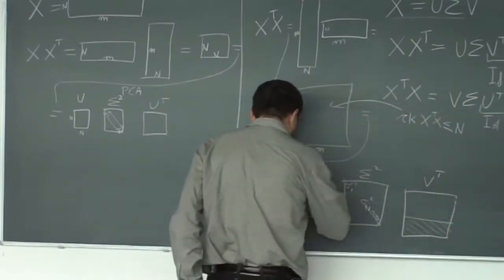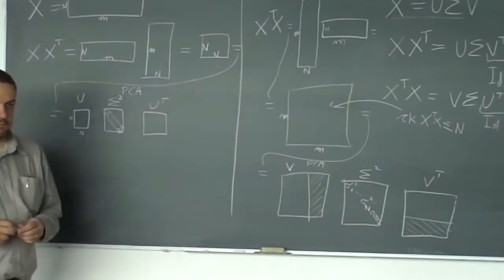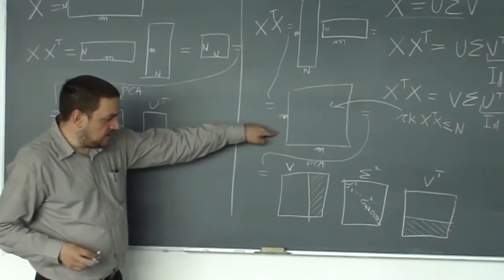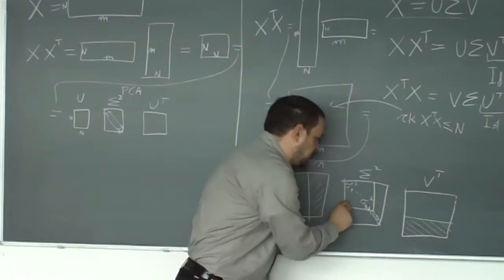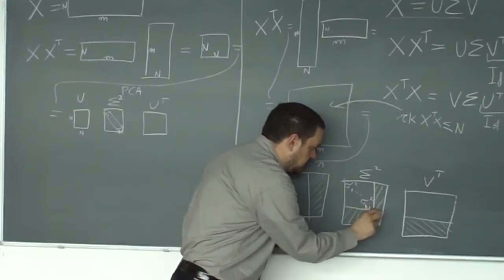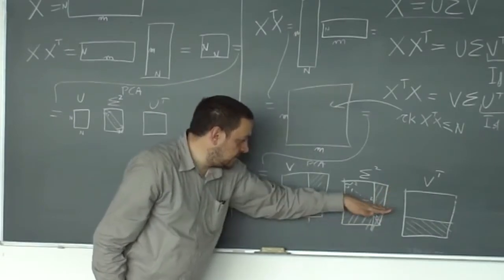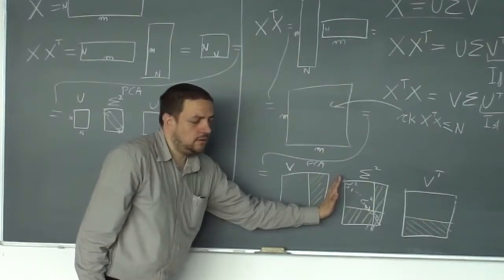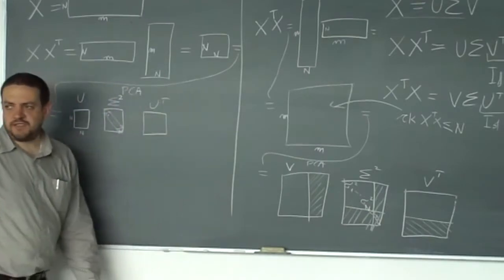For the same reason, here we have this. So we get exactly the same matrix if we keep sigma squared as an n by n matrix, removing the final columns and the final rows, and we remove the final columns of V, or equivalently the final rows of V transpose.